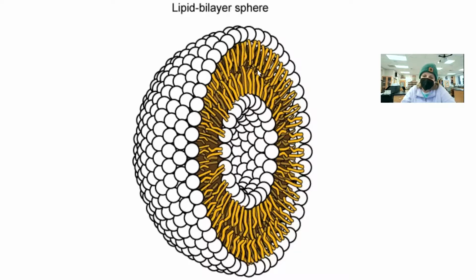The hydrophobic tails interact with each other to form a layer that's protected from the water on the outside and also the inside of the cell. You can see how these phospholipid heads create an interior portion that is also filled with a watery substance. So this gives us our outside, our inside, and our interface.